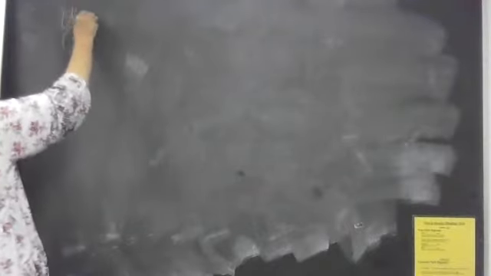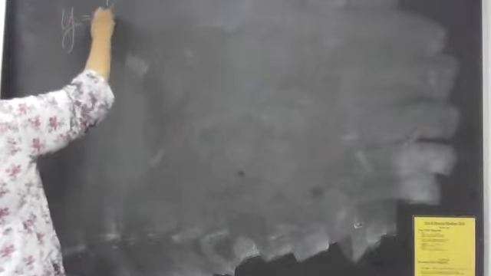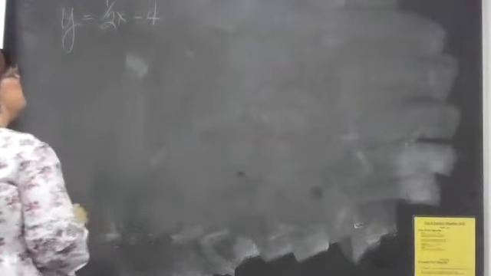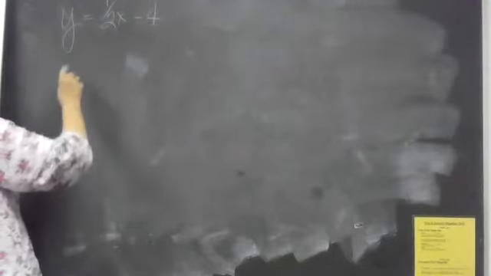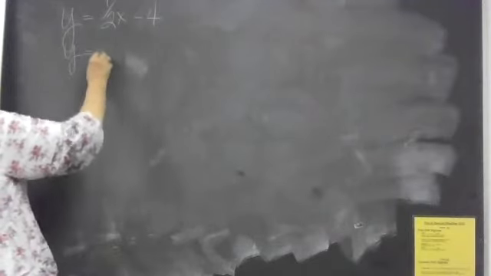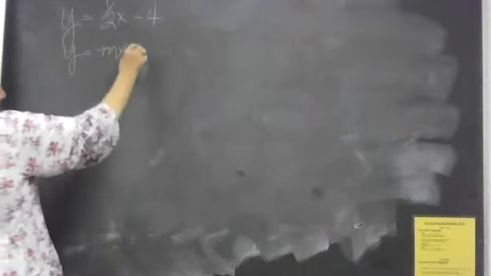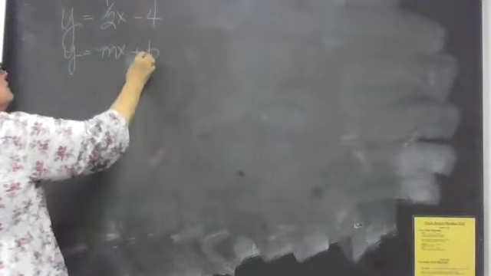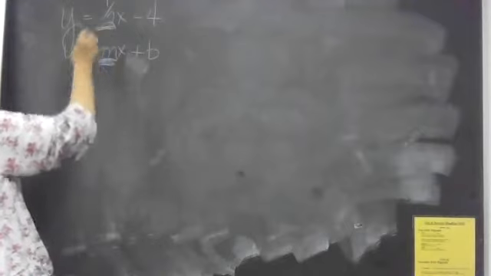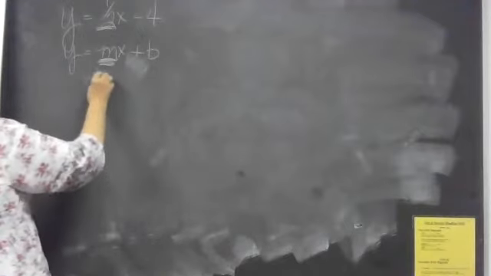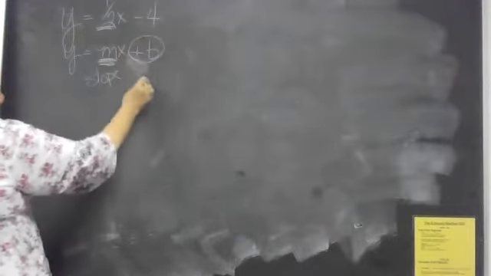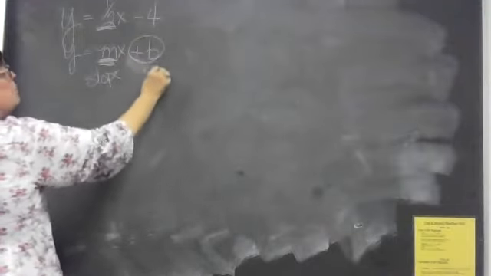So let's say we have y equals 1/2 x minus 4. Okay? So remember, here is the pattern for this. The m, or the number in front of the x, is the slope. And this will always be the y-intercept.